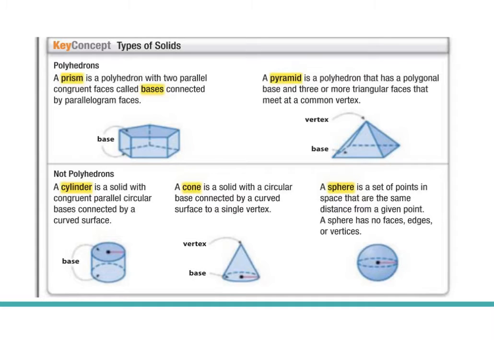Then we have objects that are not polyhedrons, such as a cylinder, because it does not have all faces flat. One of the faces or the surface is curved. We have a cone. And we have a sphere. A sphere is basically a ball, and it has no faces, no edges, and no vertices. So it's actually quite special.